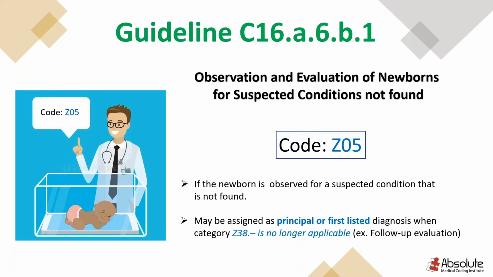The code Z05 should be used if the newborn is observed for a suspected condition that is not found, and it may also be assigned as a principal or first listed diagnosis when category Z38 is no longer applicable. So in the absence of the ICD code Z38, Z05 can be assigned as a principal or first listed diagnosis.